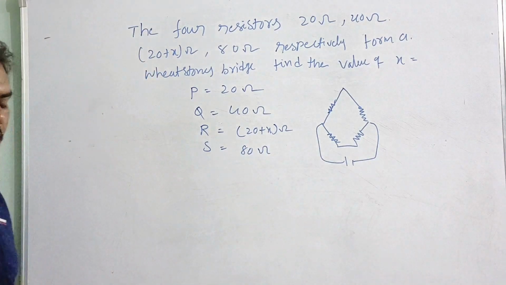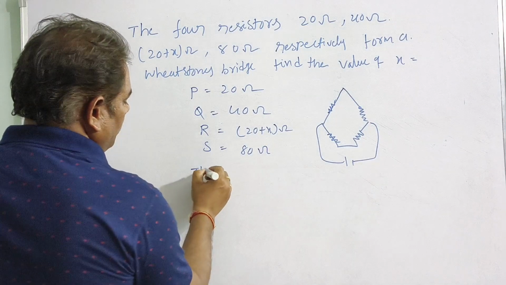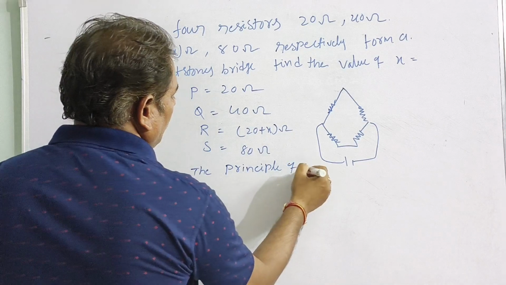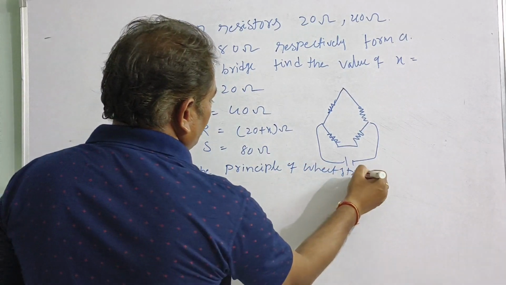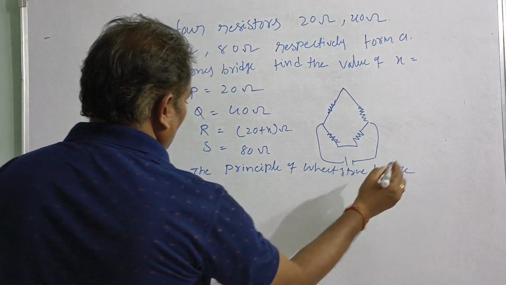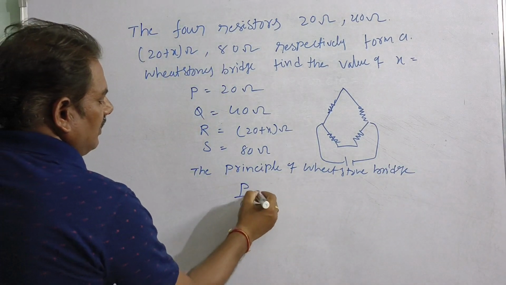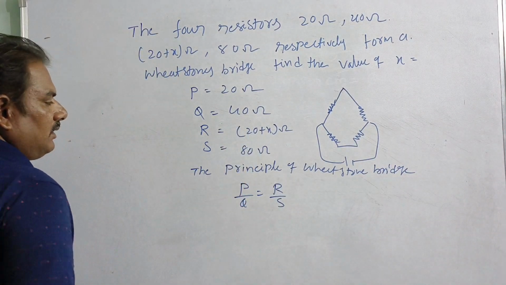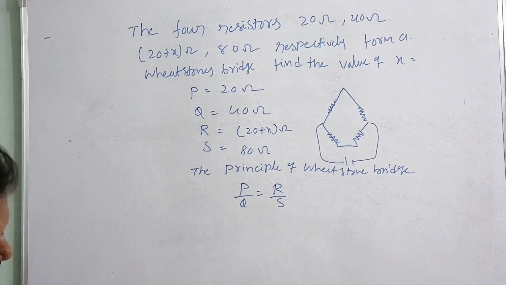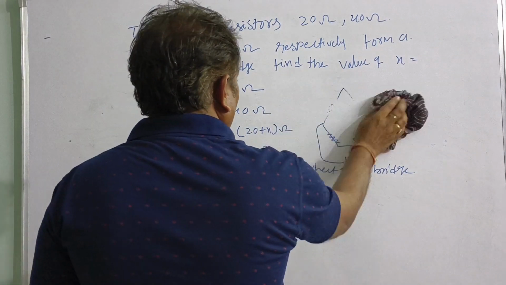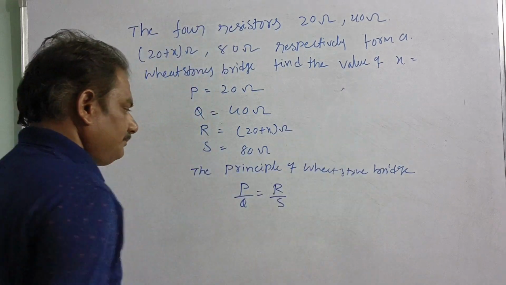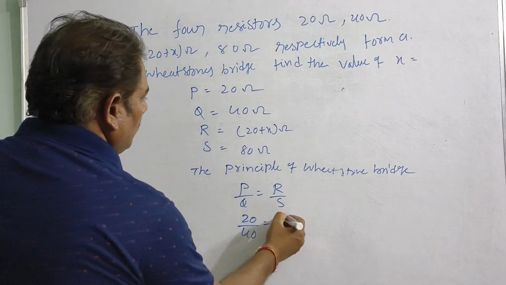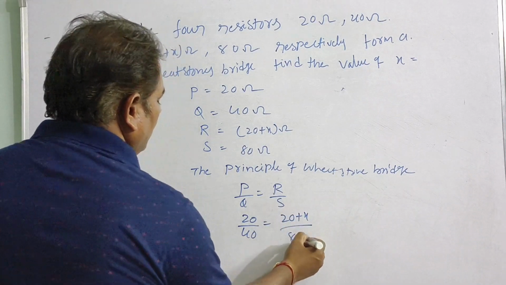From Wheatstone's bridge principle, P by Q is equal to R by S. Substitute all the values. So 20 by 40 equals 20 plus X by 80.